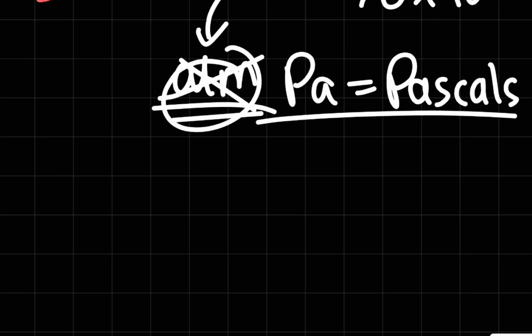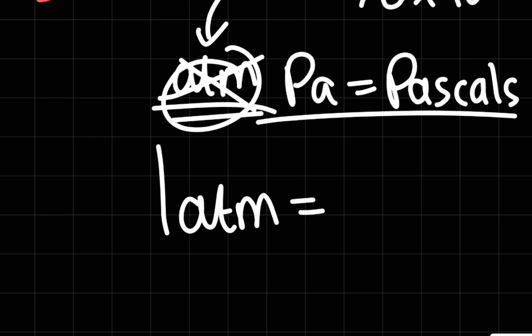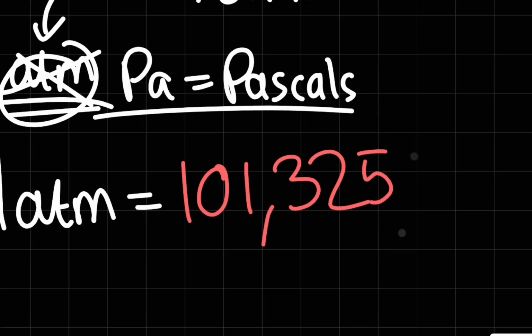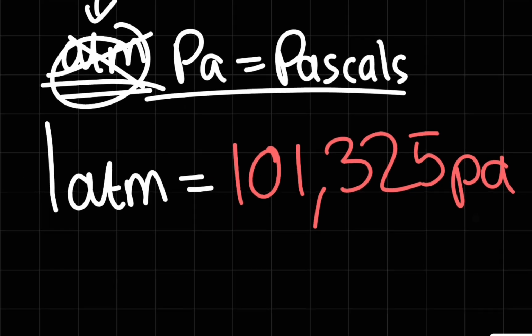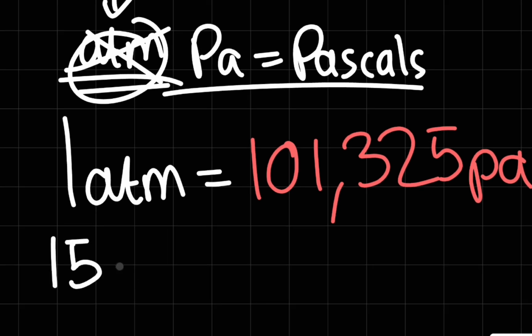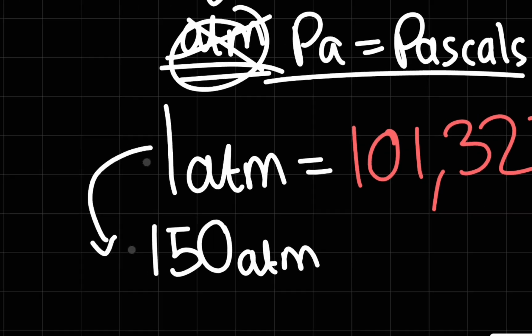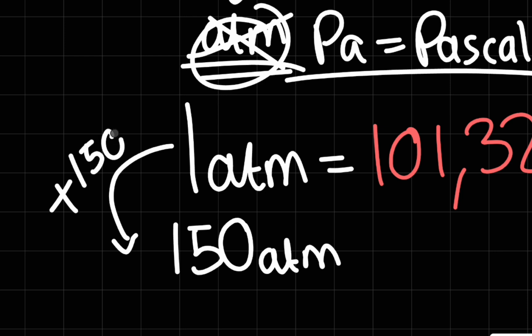Okay, so I believe 1 atm is 101,325 pascals. So now we could use ratio here, and if we have been given 150 atmospheric pressure, you could just times that by 150 to get there.